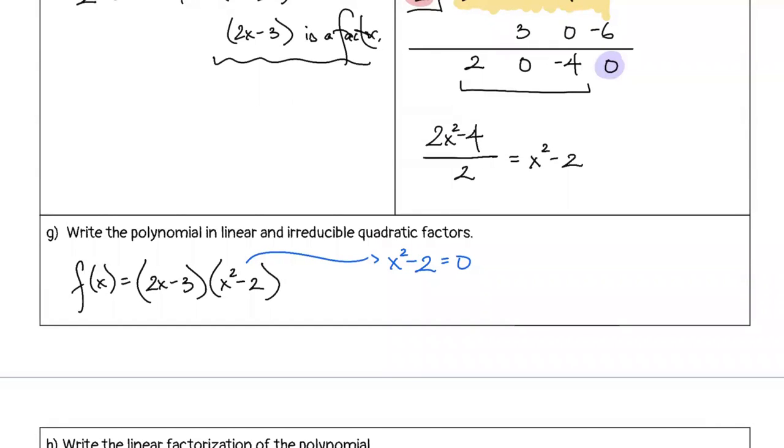All right, how would we solve this? X squared minus 2. Okay, we'll add 2. X squared equals 2. Square root both sides. All right, so we get x equals plus or minus what? Square root of 2.